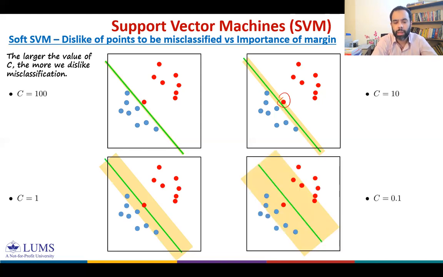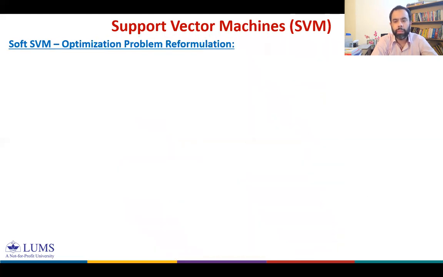And if I further decrease C, I'm compromising on misclassification at the cost of increasing the classification margin. Right? Okay. I will also talk about the reformulation of the soft SVM optimization problem.